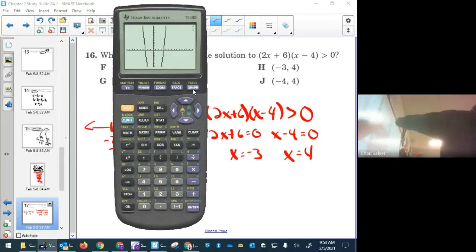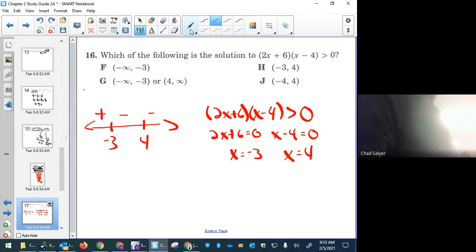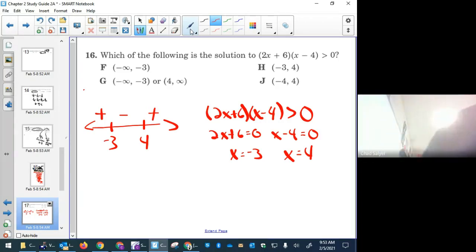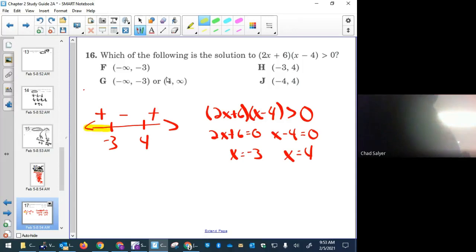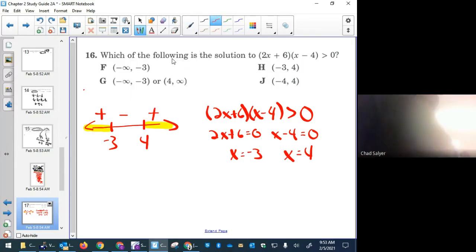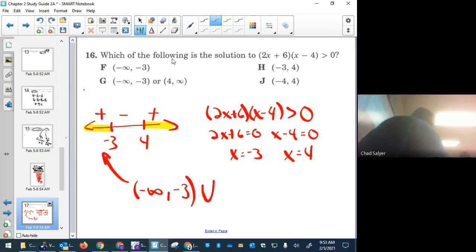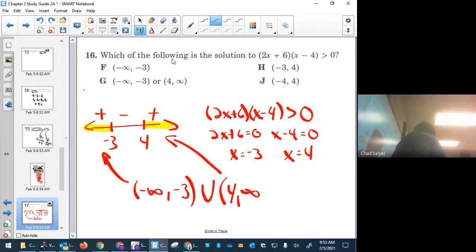And we see positive, negative, positive, which is the behavior we might have predicted. And so where is this greater than 0? Well, that's going to be here and here. And the way we would describe that, this part is -infinity to -3, not including, because that's just greater than, it's not greater than or equal to, union 4 to infinity.